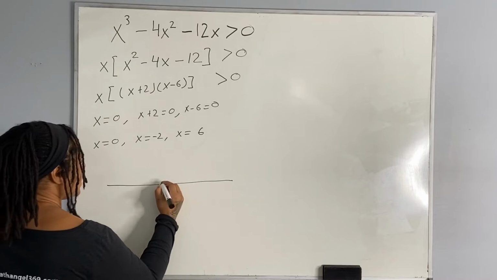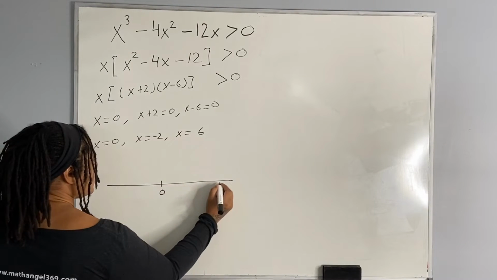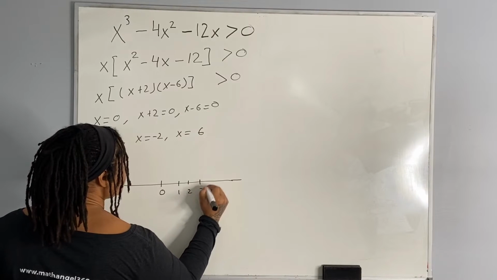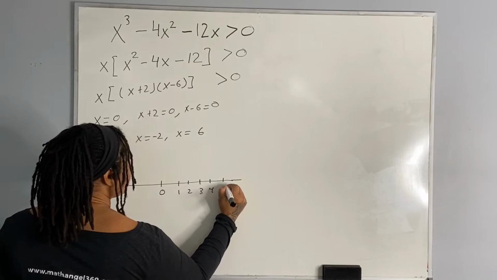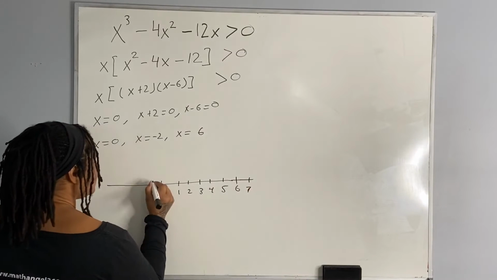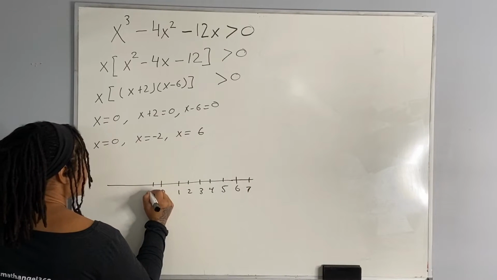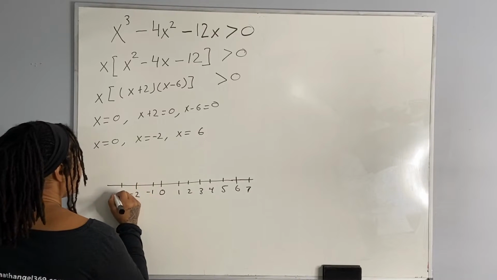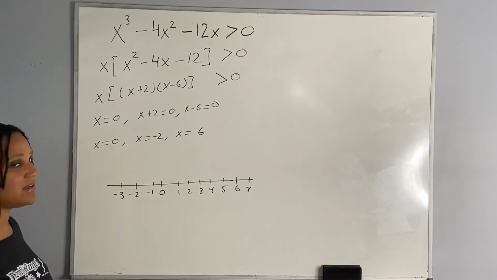So now we're going to draw a number line, and we're going to put each one of these values on the number line. So we have 0, 1, 2, 3, 4, 5, 6, and I'm just going to add one more, 7, and we have negative 1, negative 2, negative 3. I think that's enough.